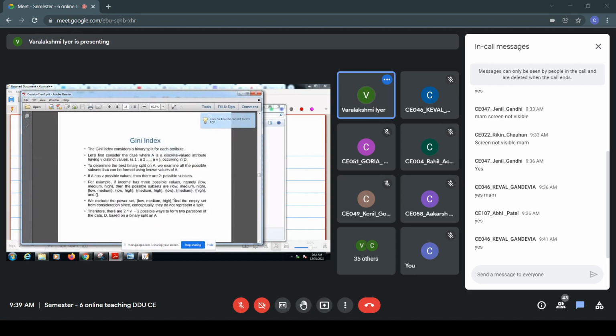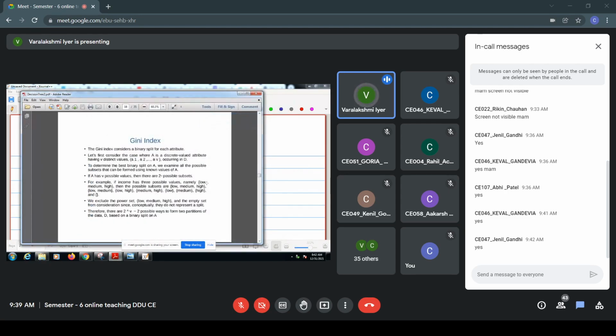Sorry, Gini index. So here it is written that let us first consider the case where A is a discrete valued attribute, and A has V distinct values. In our case, the distinct values were low, high, and medium. So there are V possible values, and there are two raised to V possible subsets that can be created.